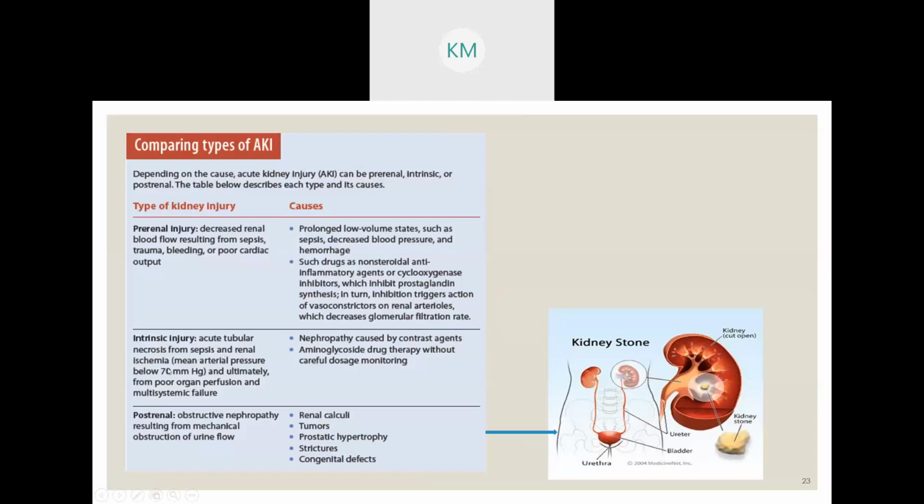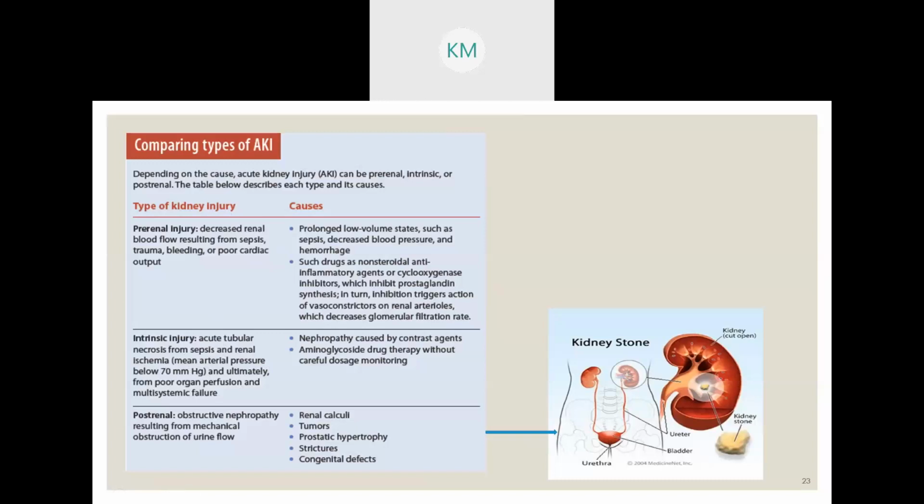So again, you could have renal ischemia. Now it says necrosis from sepsis. So they're septic here, and then something happened to the kidney. Look, here's mean arterial pressure. Now this says below 70. All right, but they've had to have been below 70 for a little while to create ischemia. All right, and then of course multi-system failure.